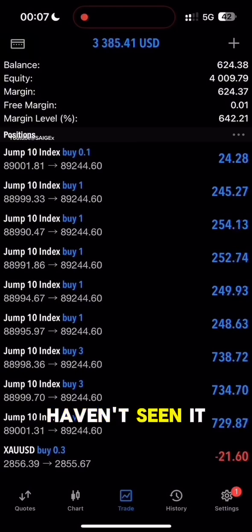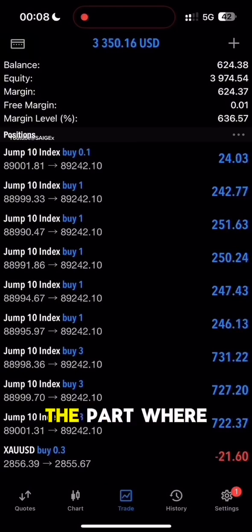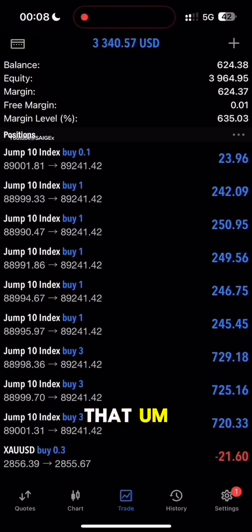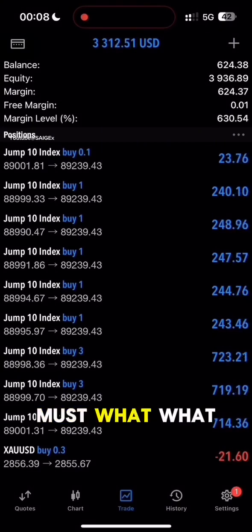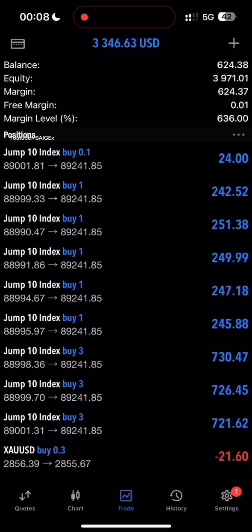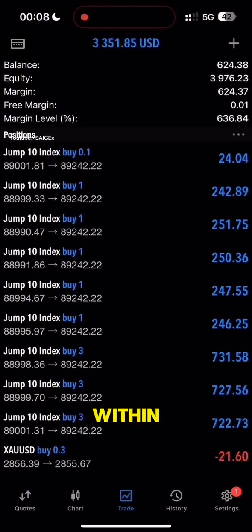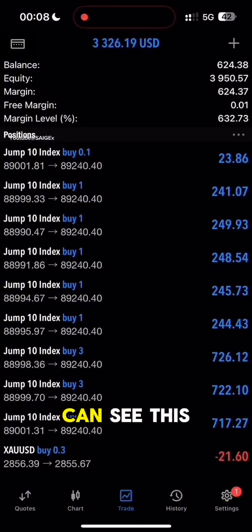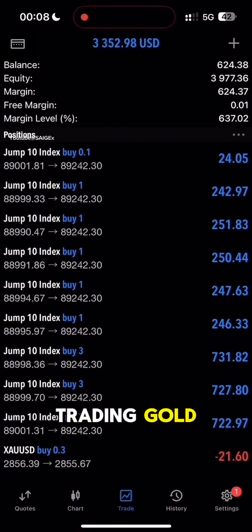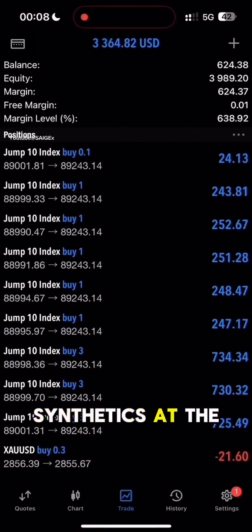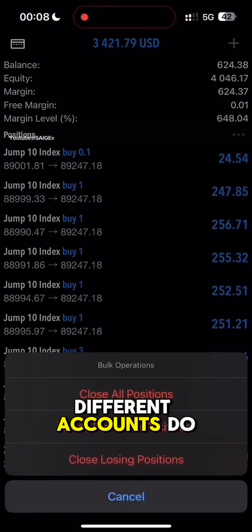If you haven't seen it, go back and listen to the part where I pointed out these Thor's hammers. That was another trend which I had identified within another trade that I've done. If you can see, this account is trading gold, it's also trading synthetics at the same time. That's what derivative accounts do.